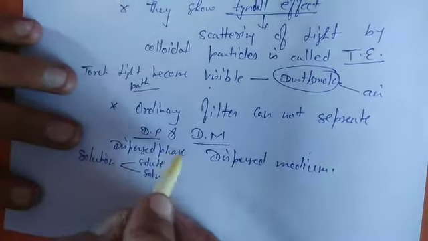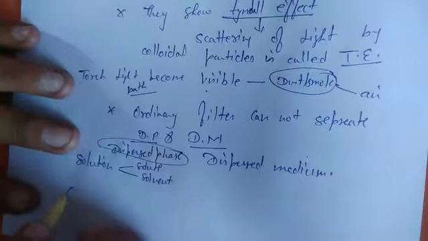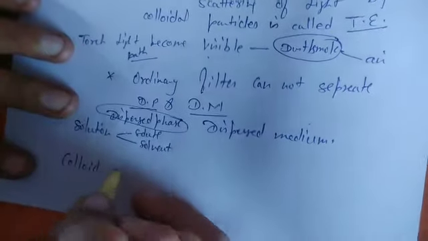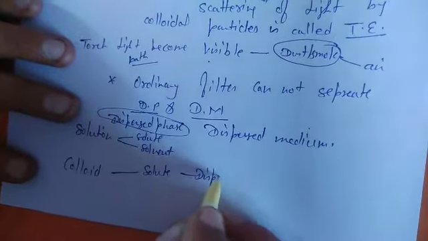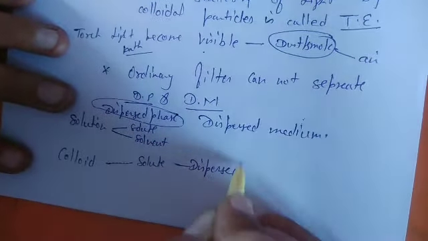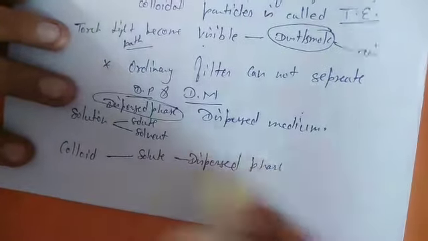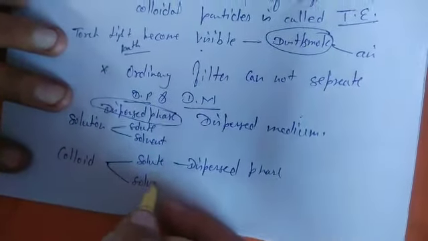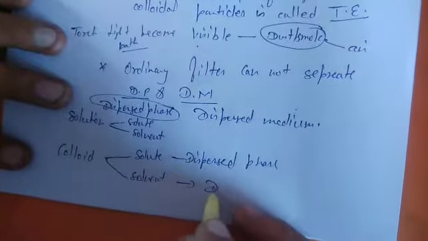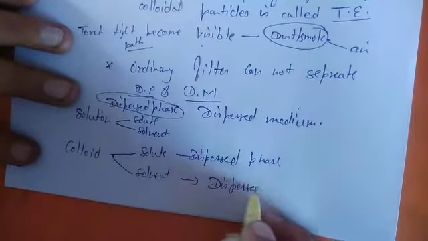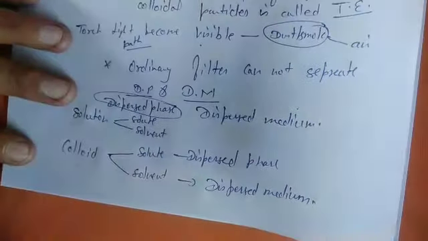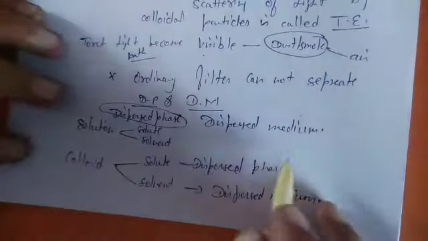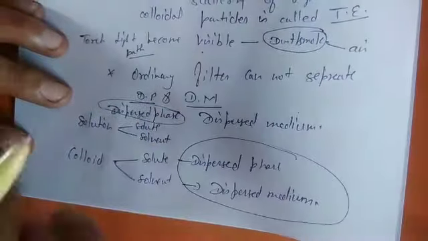The same thing here: in a colloid, we call the solute the dispersed phase, and the solvent is known as the dispersed medium.